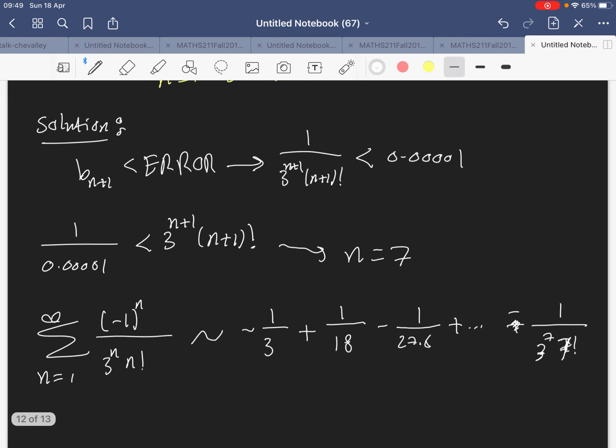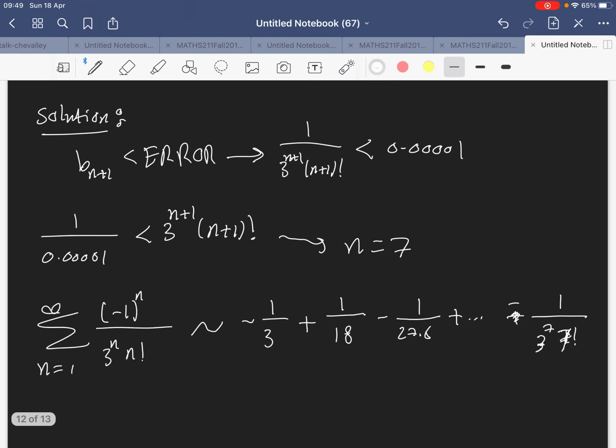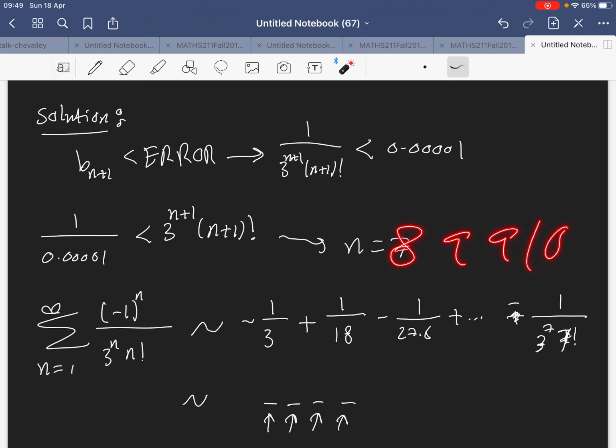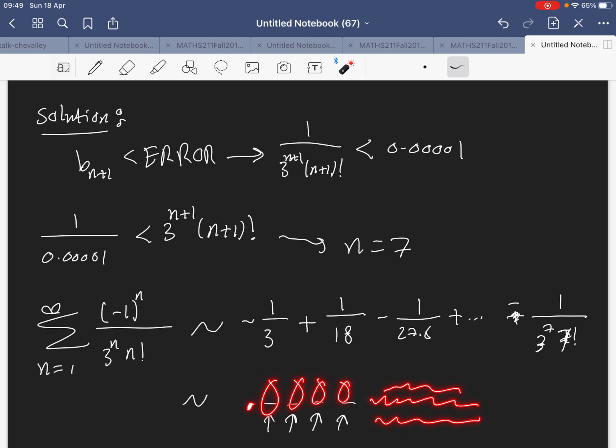Okay, this is how we approximate the series. Of course, the answer will be correct to 4 decimal places. All of you will get the same answer, whether you use 7 or 8 or 9, 10, 11, it doesn't matter. All of them will give you the same 4 numbers at the beginning after the dot, and then everyone will have something else.